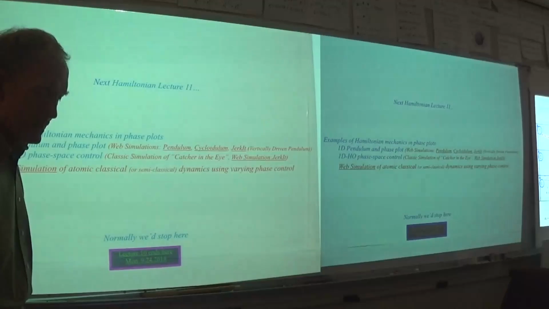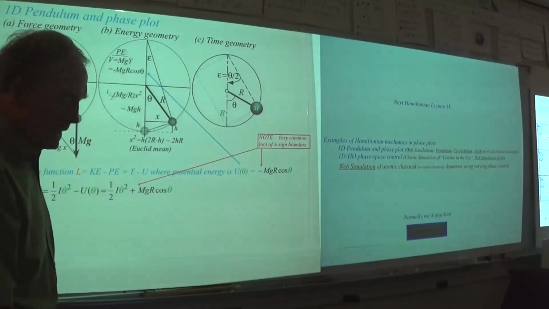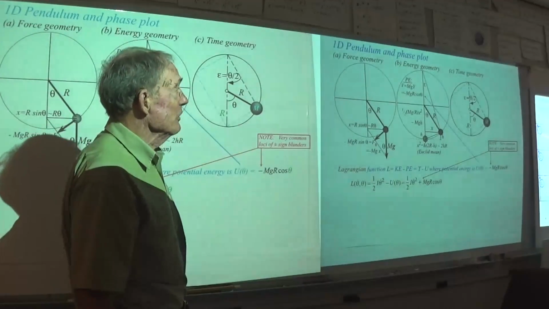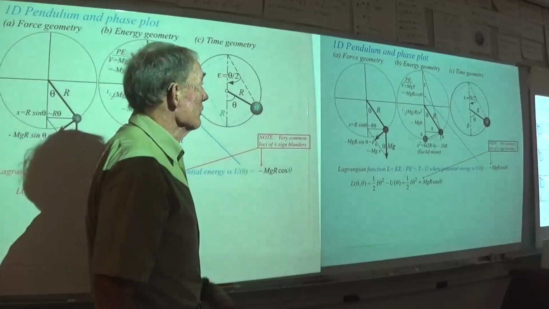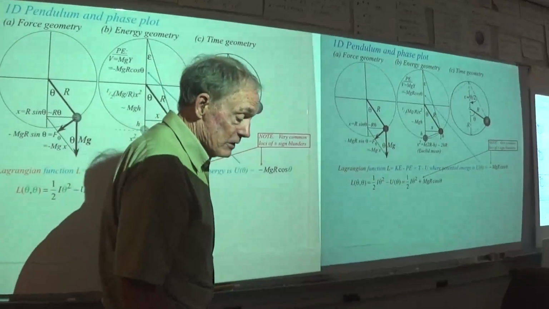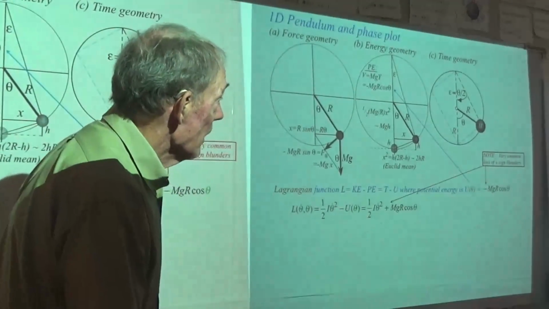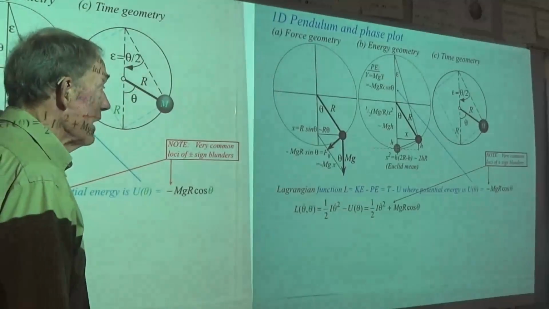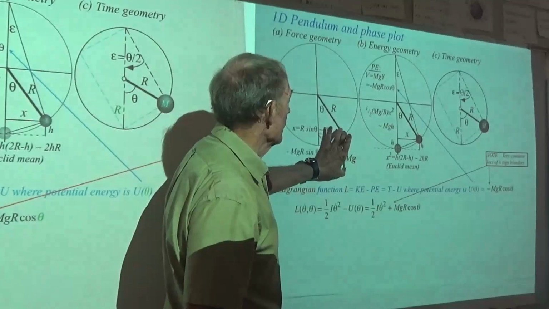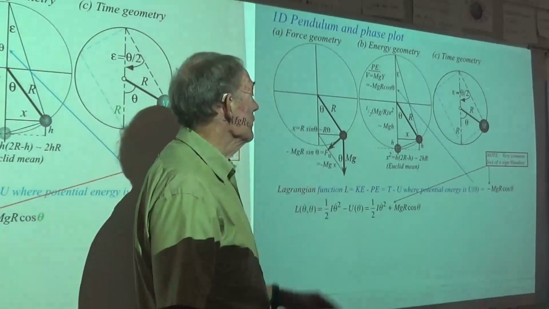The Hamiltonian for the pendulum is really quite beautiful. These are the 3 geometries that you would use to consider. First, the force. Every sophomore physics textbook has the very first one there, just asking what does gravity do? Well, it pulls that much force in this direction. No matter where you are, it's always hanging straight down.